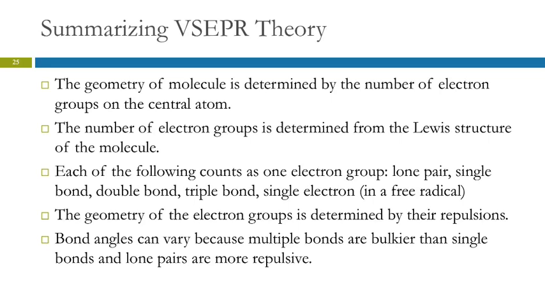So a triple bond is 6 electrons, but it's 1 electron group. Because those 6 electrons are stuck between the same 2 atoms, they cannot get away from each other. The geometry of the electron groups is determined by their repulsions to each other. The bond angles can vary because multiple bonds are bulkier than single bonds, and lone pairs are the most repulsive.